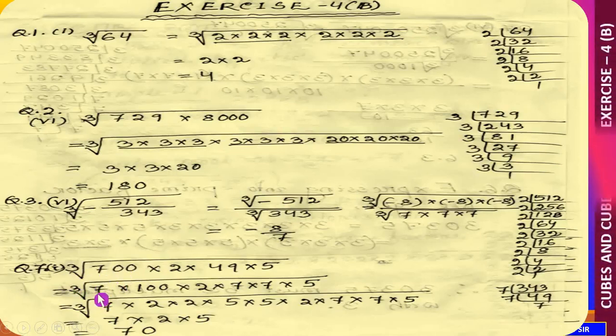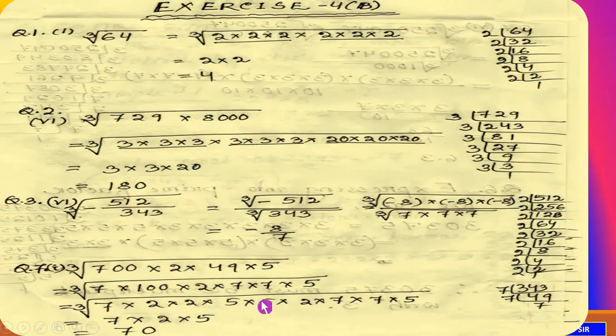Now come to question number 7, part I. 700 can be written as 7 into 100. Then 245 can be written as 7 into 7 into 5. This 100 is again factorized: 2 into 2, 4 5s are 20, 4 25s are 100. So now 7 into this one up to 100, then into 2 into 7 into 7 into 5.